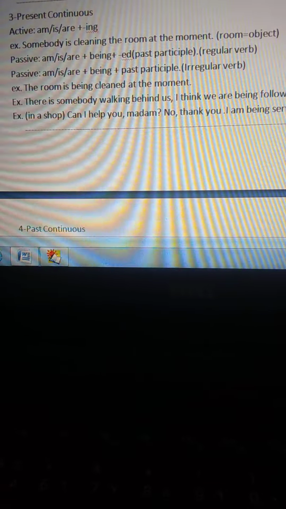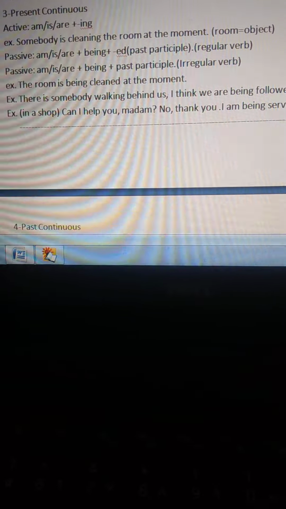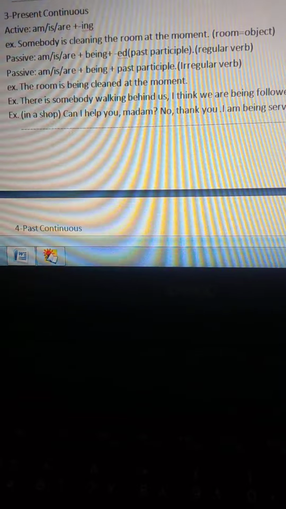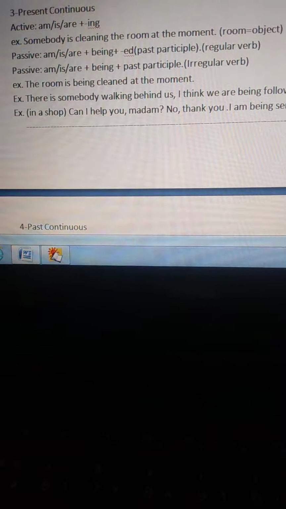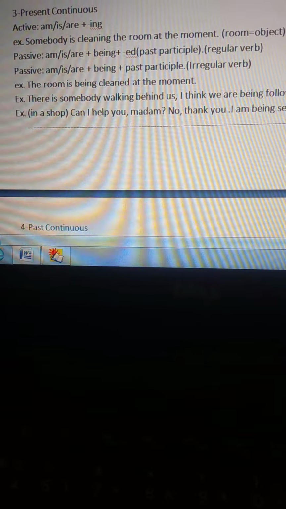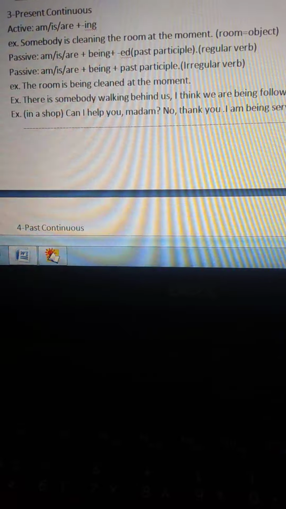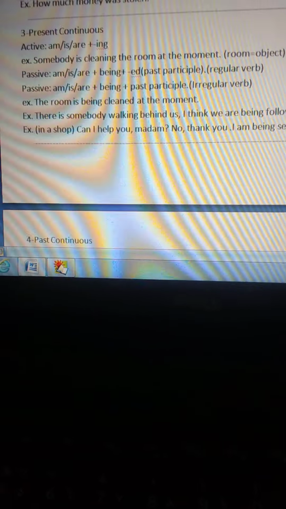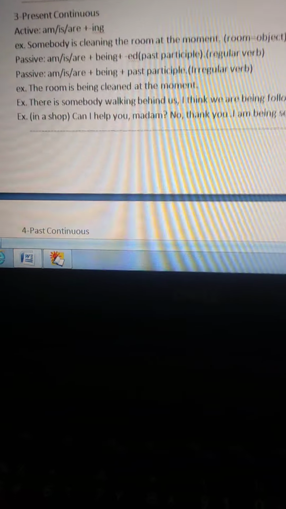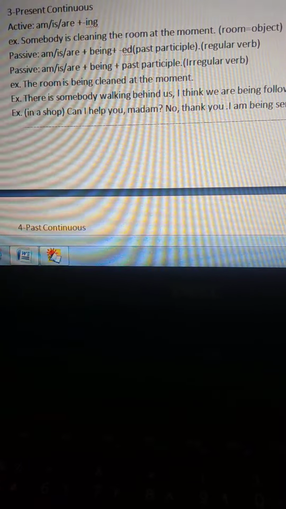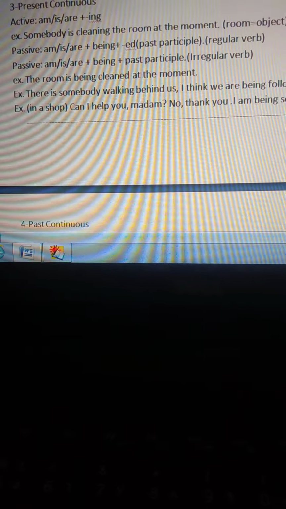Passive: is or are plus being plus past participle, regular and irregular verbs. Example: the room is being cleaned at the moment.